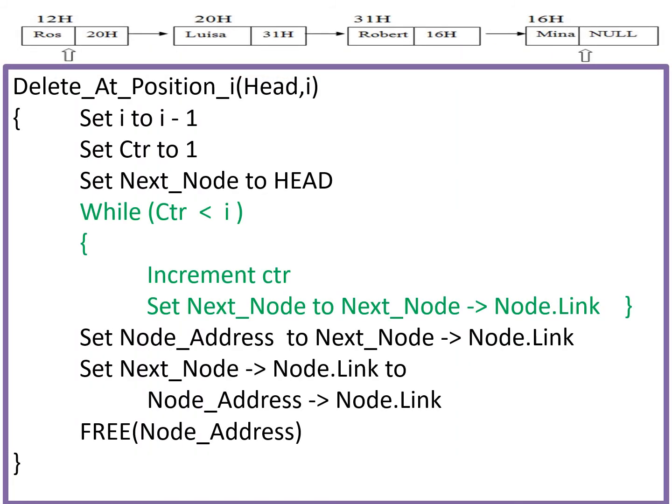Alright, so this is now the pseudocode of deleting an element at the ith position, or node position. So, in our input parameters, we have the head and the I, or the node position. The value of our head is the address of the first element, so that is, the first node, that is 12H. And our I, let us say we're going to delete the third element, so I is 3.